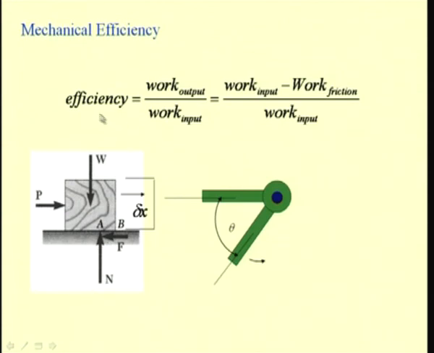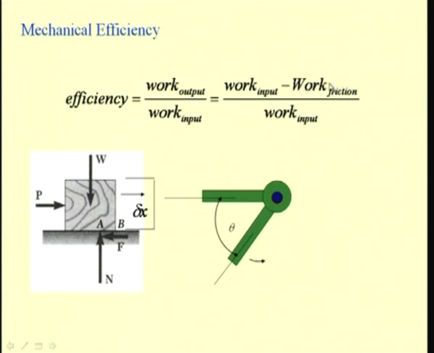and compute efficiency as the work output divided by work input, where the work output, or the work that is available, is equal to work input minus work done by the friction.